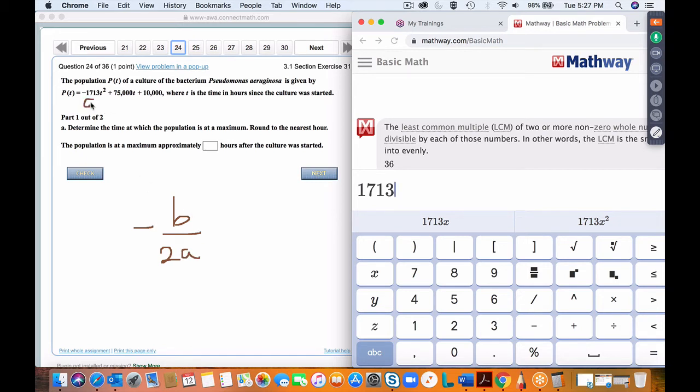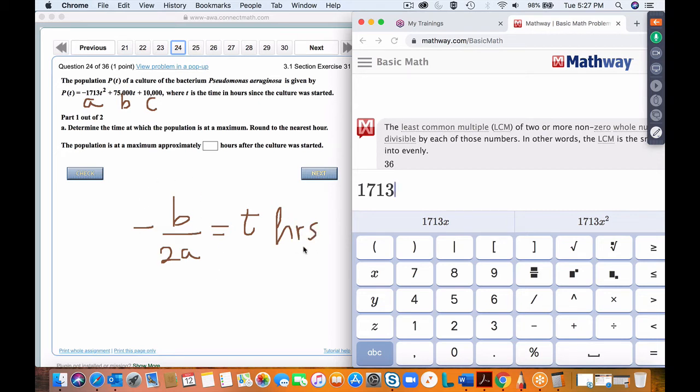Remember, this is a, this is b, and this is c. With this little formula, it will give you the peak, the maximum value, but this is just x, the value for t, which means the number of hours. The time is in hours.